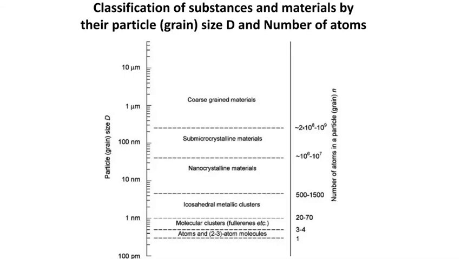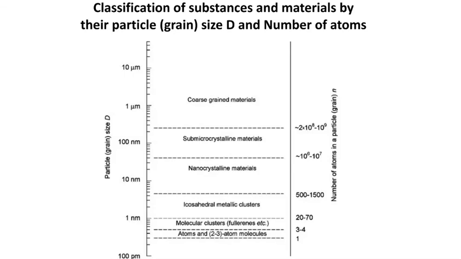Okay, if the size of the single particle is in the range of 10 nanometer to 100 nanometer, then you can see that still a large number of atoms are available, in the range of 10^6 to 10^7 atoms.